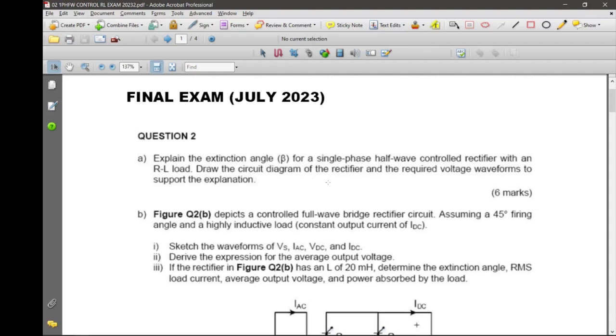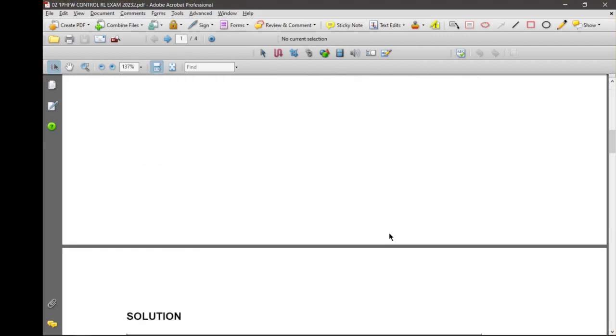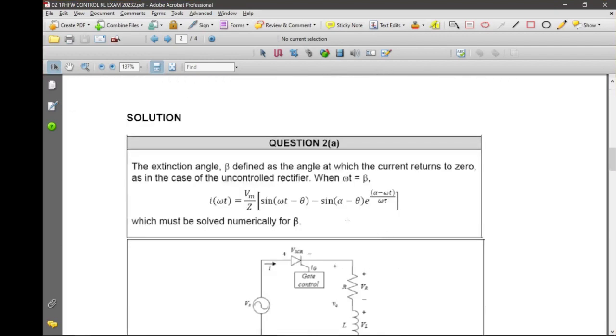So you need to explain what is beta here, why we have beta in the circuit in the case of R plus L as the load. As the solution, you can see that the explanation is simple. The extinction angle beta is defined as the angle at which the current returns to zero, as in the case of the uncontrolled rectifier.